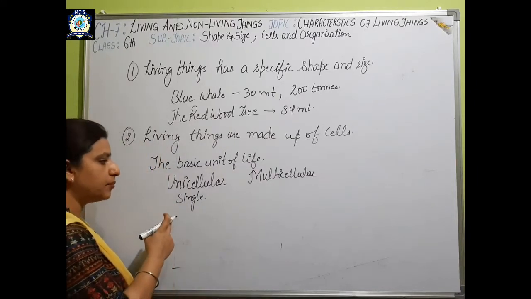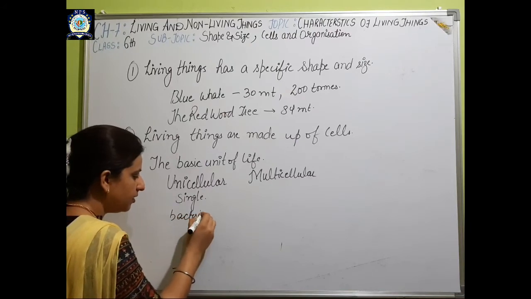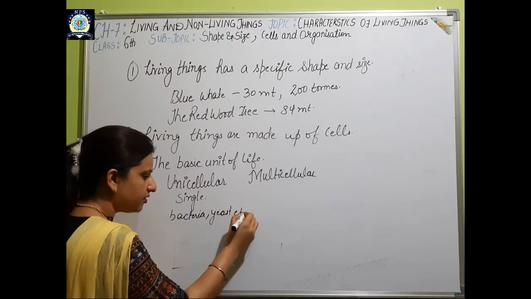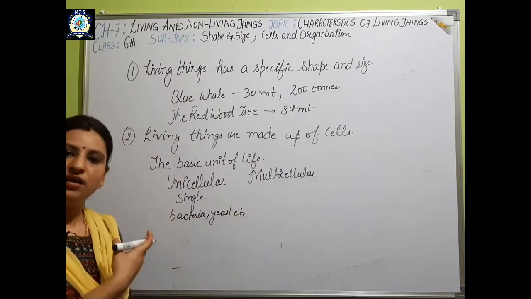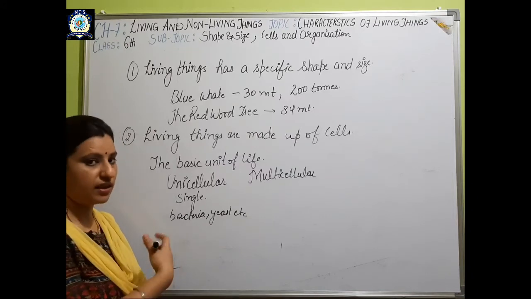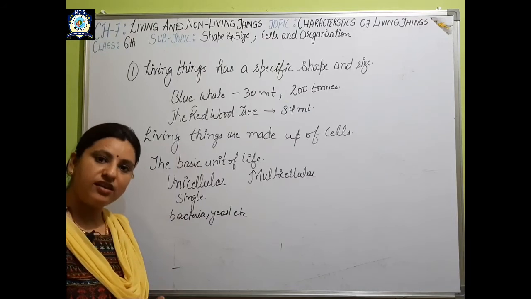If I go for the example of unicellular, then bacteria, yeast, amoeba, they are the examples of the unicellular organisms, and they can't be seen with the naked eye. So a microscope is needed to see these organisms.